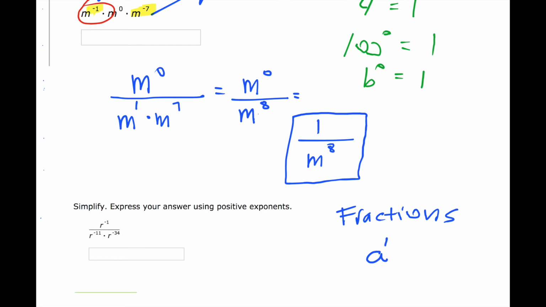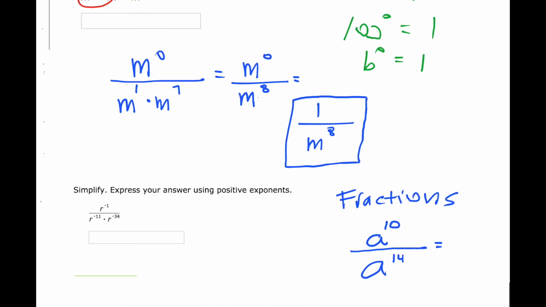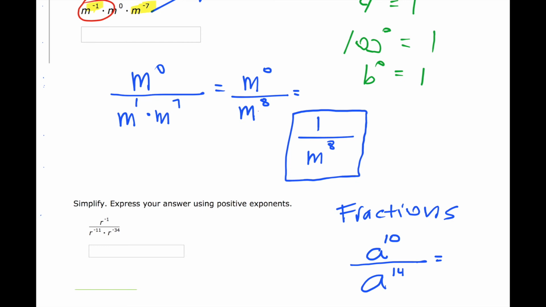So let's say you have a to the 10 over a to the 14th. You remember when you multiply, you add. So let's say you had a to the 10 times a to the 14th. What do you get?